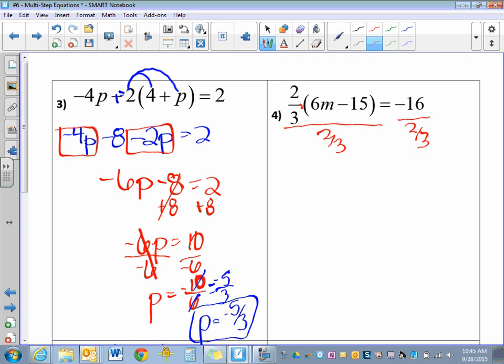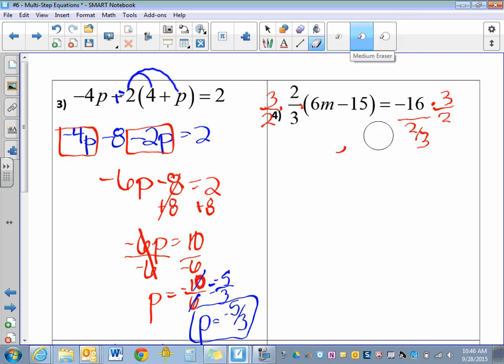Dividing by a fraction. We have a number over a fraction. Does anyone remember what we can do instead of dividing by 2/3? Instead of dividing by a fraction, we can multiply by what? Close, close. Multiply by 3 over 2, right. Anybody remember what that's called? Very good, the reciprocal.